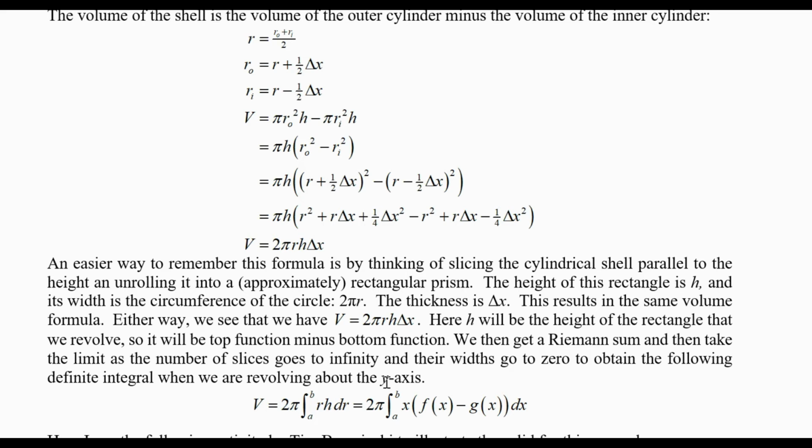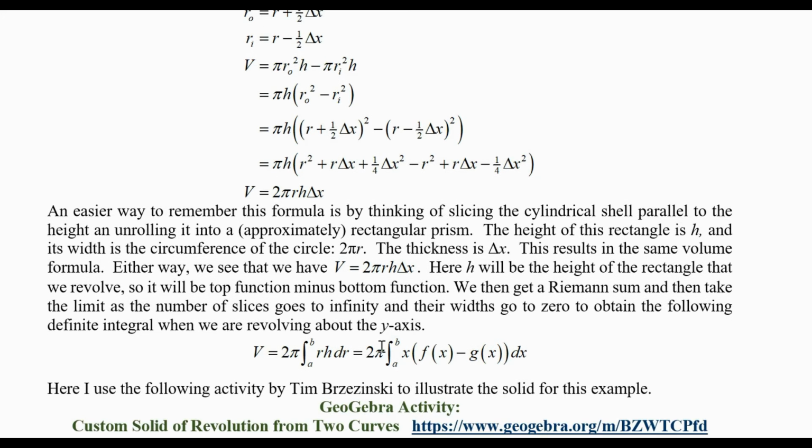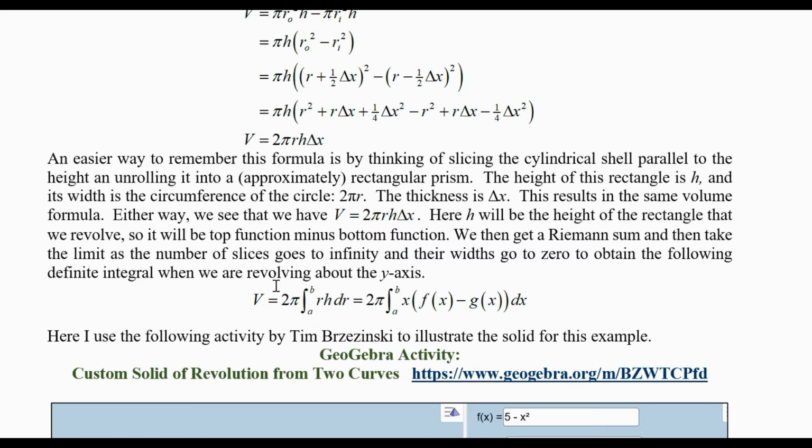And of course we take a Riemann sum out of that. We sum those up to get our volume approximation. Take the limit then as delta x goes to 0 and the number of rectangles, the number of shells, goes to infinity. And then there's our integral. The 2 pi is a constant, so I'm bringing it out front.